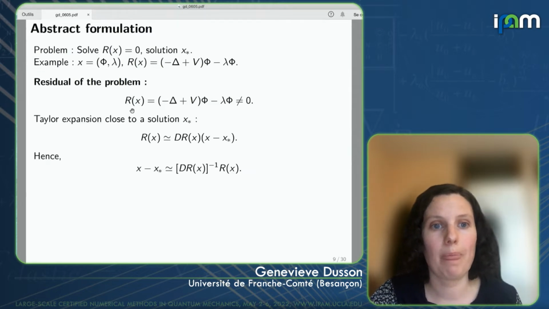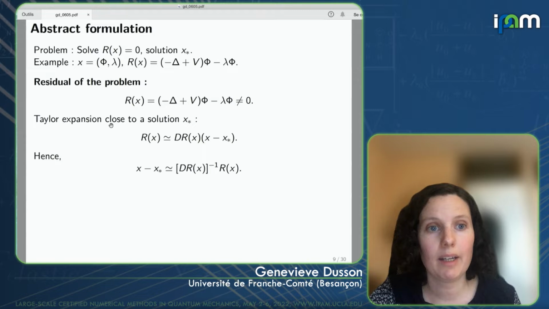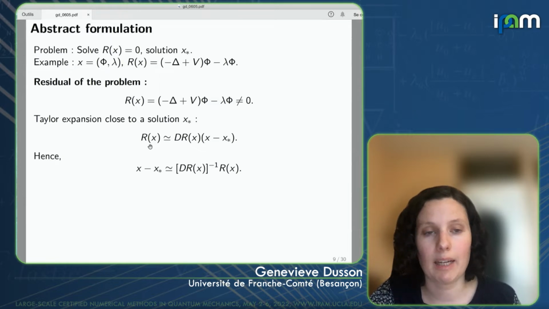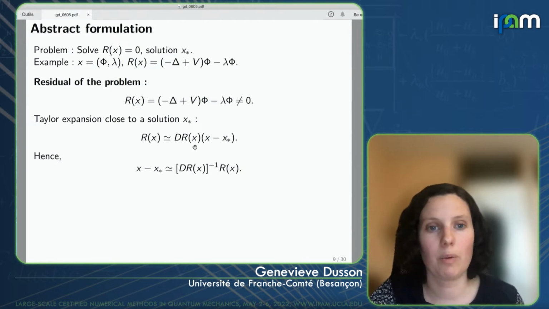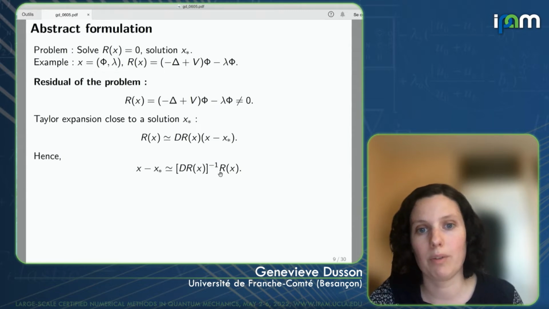The basic idea here is to perform a Taylor expansion of the equation close to the exact solution. This gives that the residual at first order is equal to the differential of the residual applied to the error. And so if we can invert somehow this equation, what we obtain is that the error at first order is equal to the inverse of the differential applied to the residual.